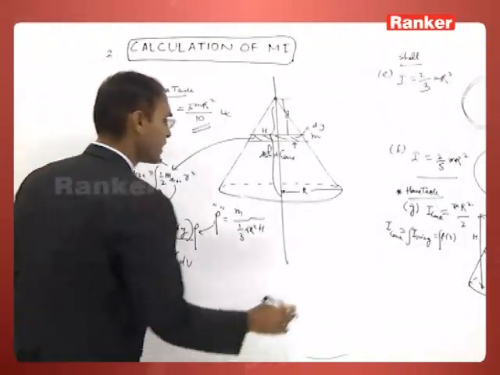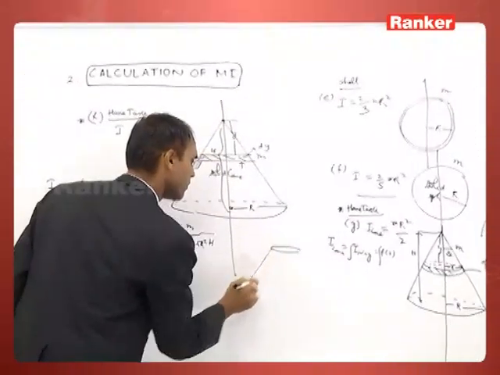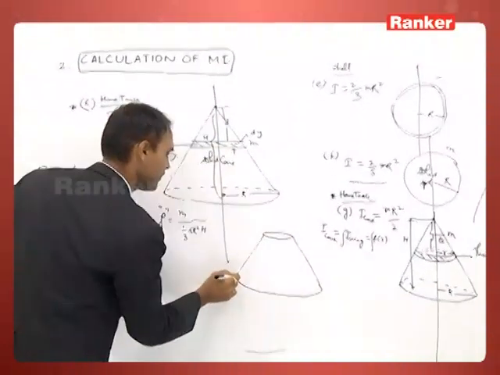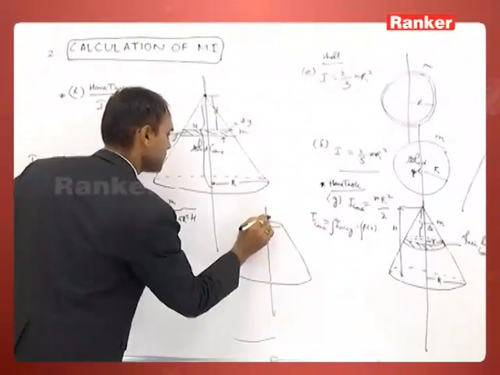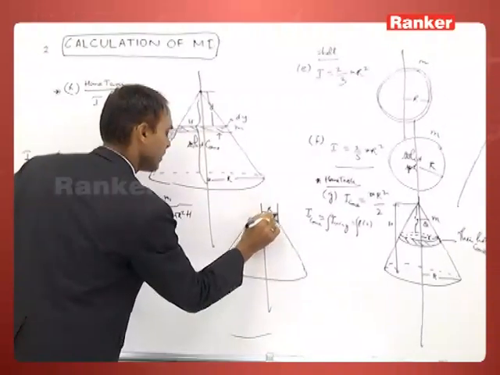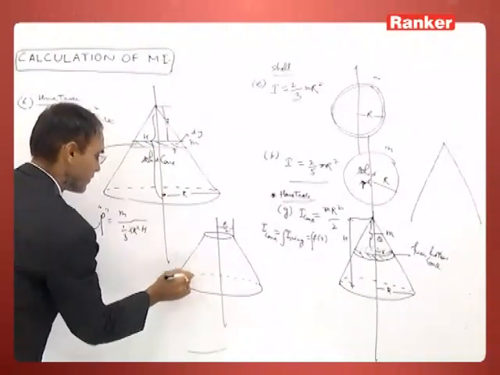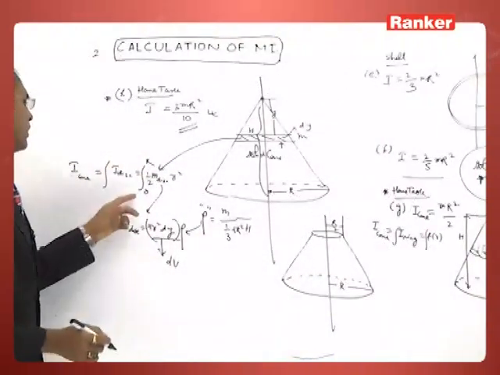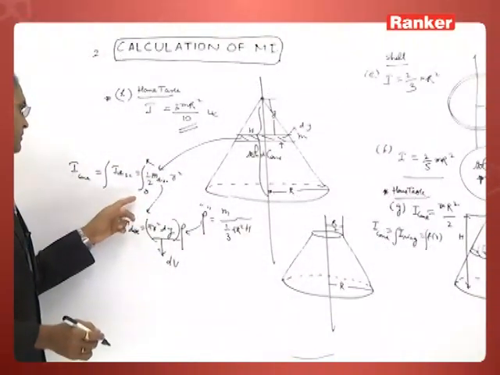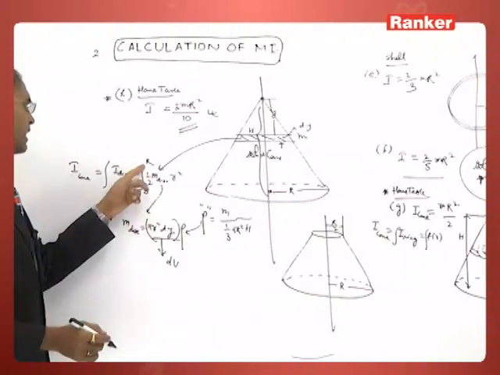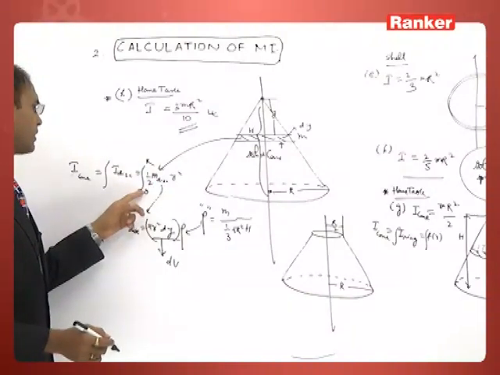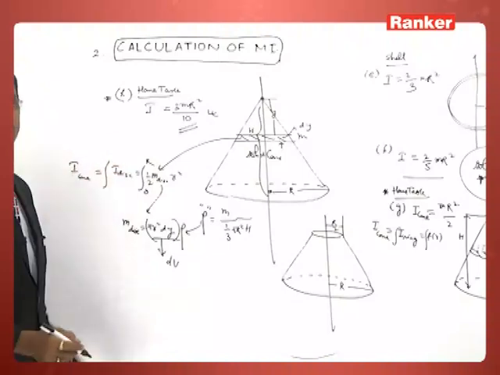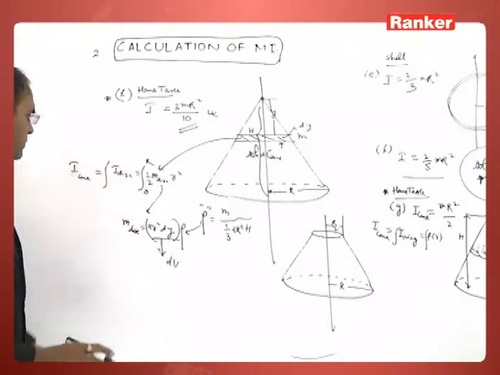Sometimes they may give you a truncated cone and ask you to calculate the moment of inertia. Suppose this is r by 2 and this is r. In the original expression, you just have to change the limits. Instead of 0, you write r by 2, and here r by 2 to r. That will give you the answer.